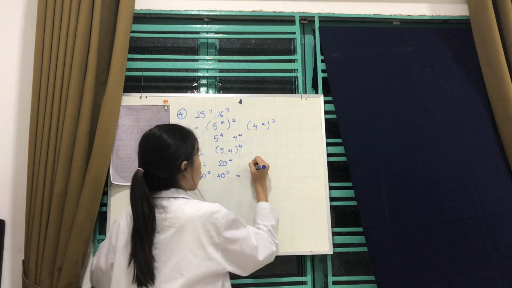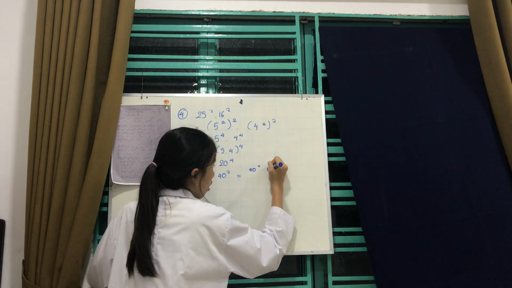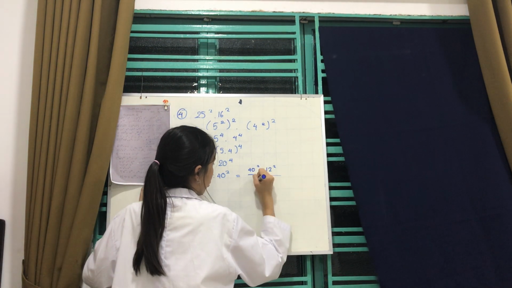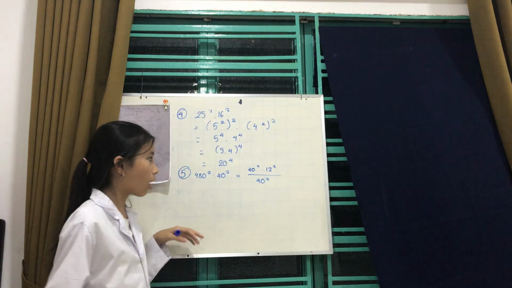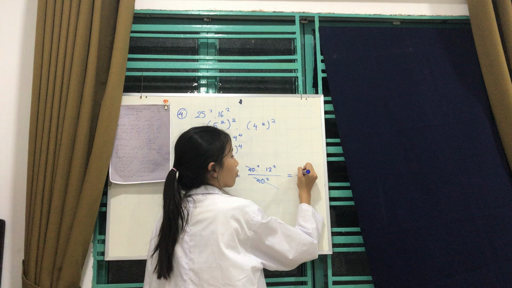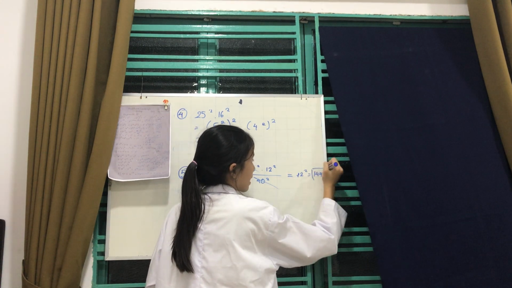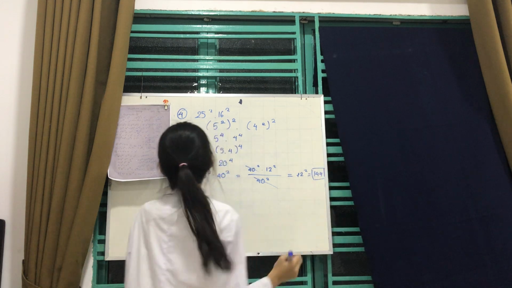So this will equal 40 squared times 12 squared over 40 squared. Of course, we can cross out the 40 squared. This will leave us with 12 squared, which equals 144. And that is my answer for problem number 5.